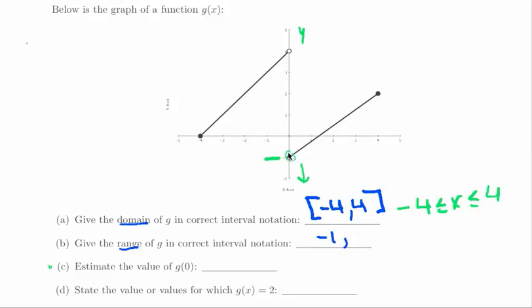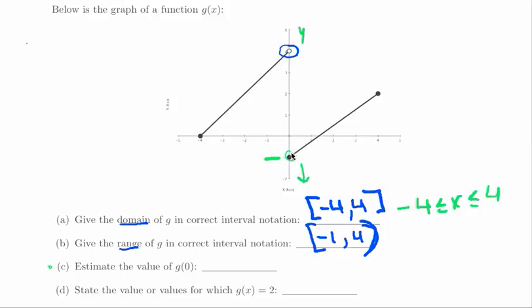Now, how high does this go? Well, I see it goes up to, here's 2, it goes right up to 4, but does not include 4. See the hollow dot right there? That means there's no function value right there where the dot is. So it goes up to y equals 4, but that 4 is not included. This is a parenthesis, not a square bracket.